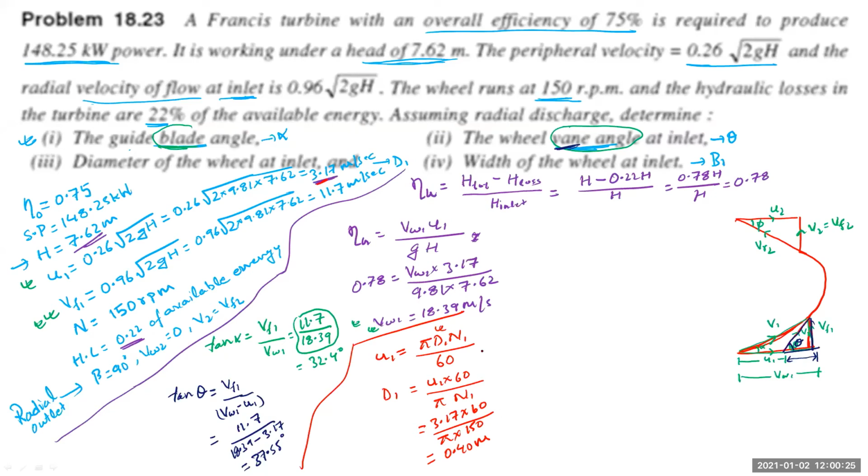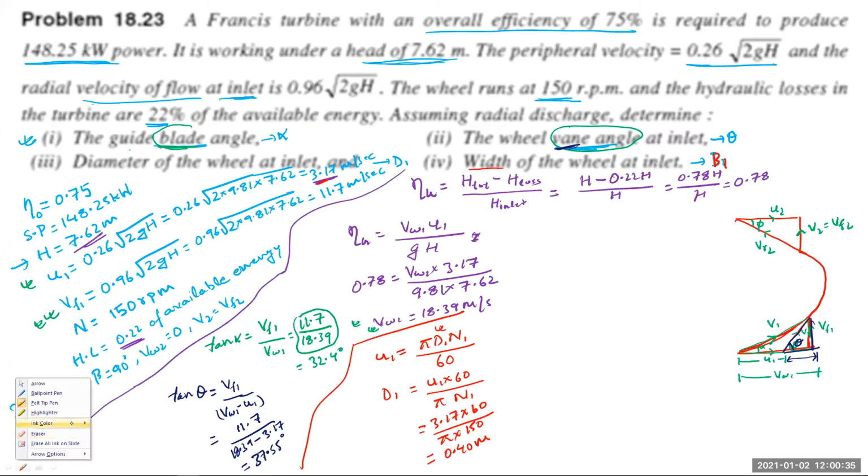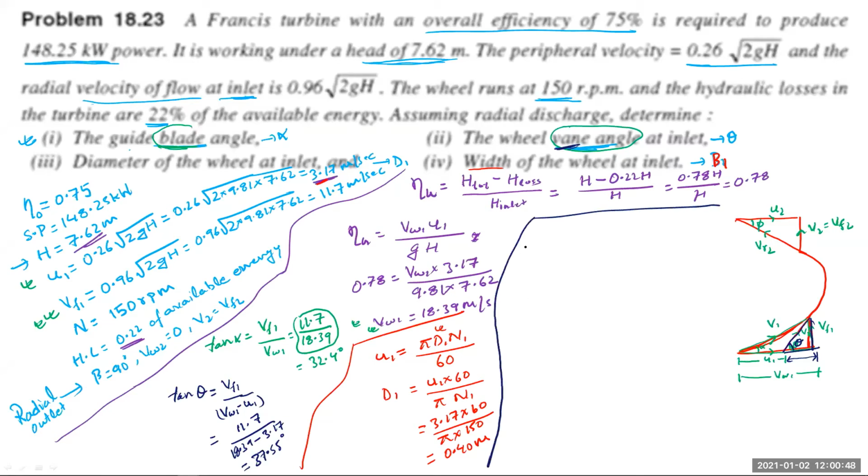Now the final one, what is asked is the width of the wheel at inlet. Width means B1. We all know that there is only one relation. The fourth part of the question I am solving here.